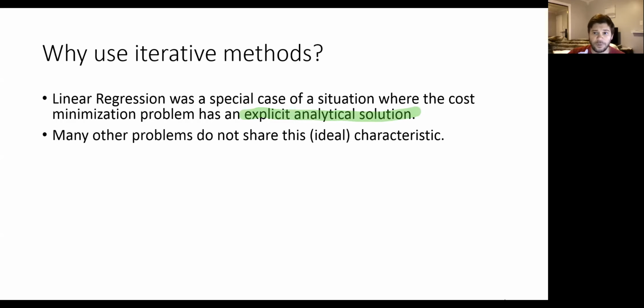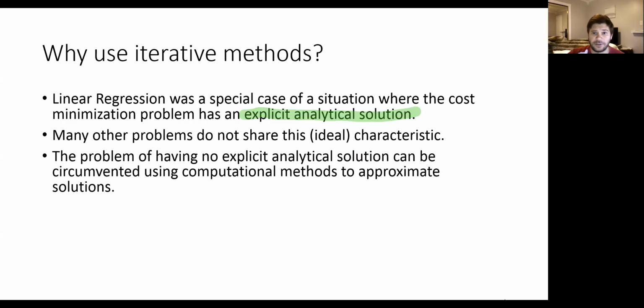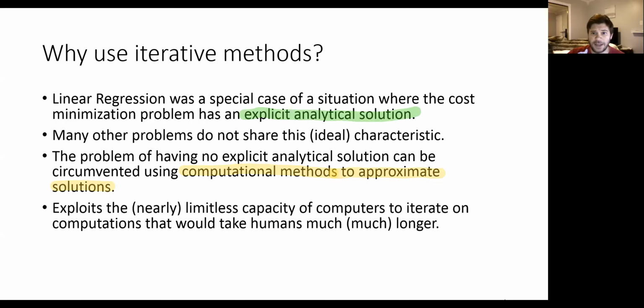And in the case where a problem does not have an explicit analytical solution, typically what this requires us to do is invoke some sort of computational method or some sort of numerical method in order to approximate a solution or in order to get sufficiently close to the solution. And in order to do this, we're going to take advantage of the fact that we have a computer at our disposal, right?